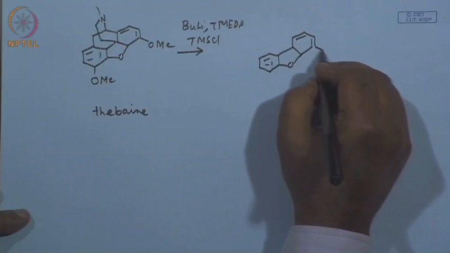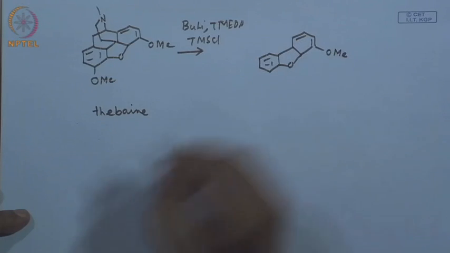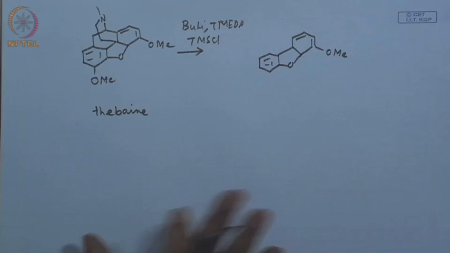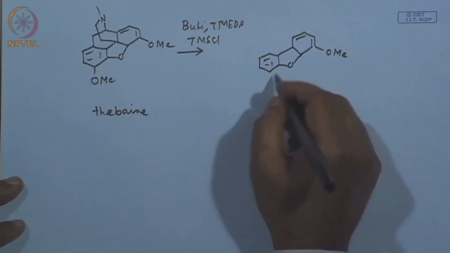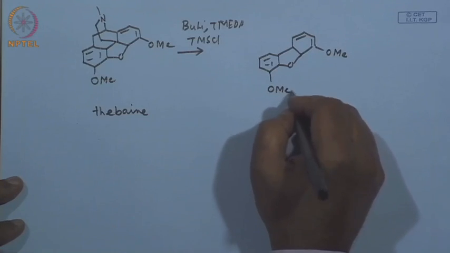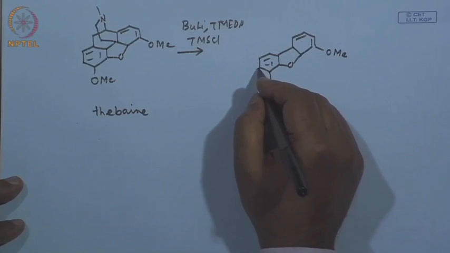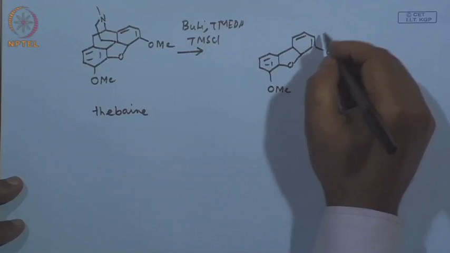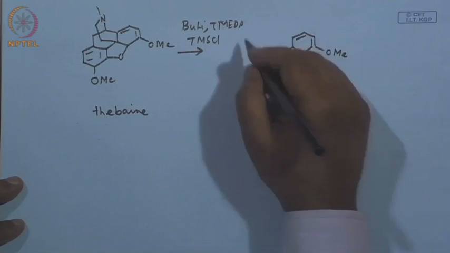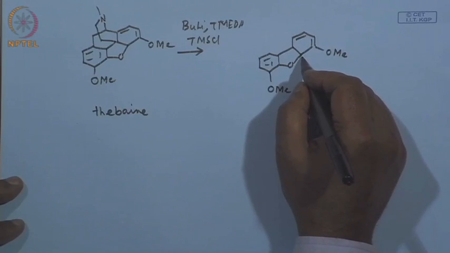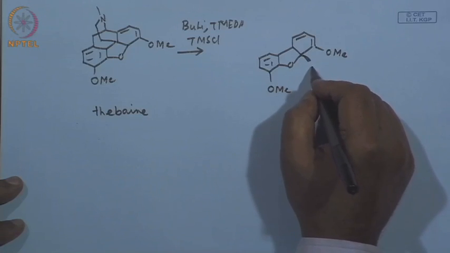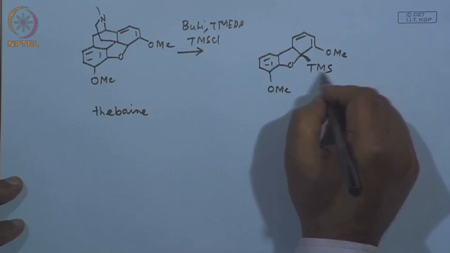You have a methoxy up here, there is no aromatic nucleus now, and you have a methoxy here. Methoxy is a well known ortho directing group in metallation, lithiation reactions. So, lithiation can take place here. Also you have a benzylic position here, actually lithiation takes place here. So, your TMS is okay.